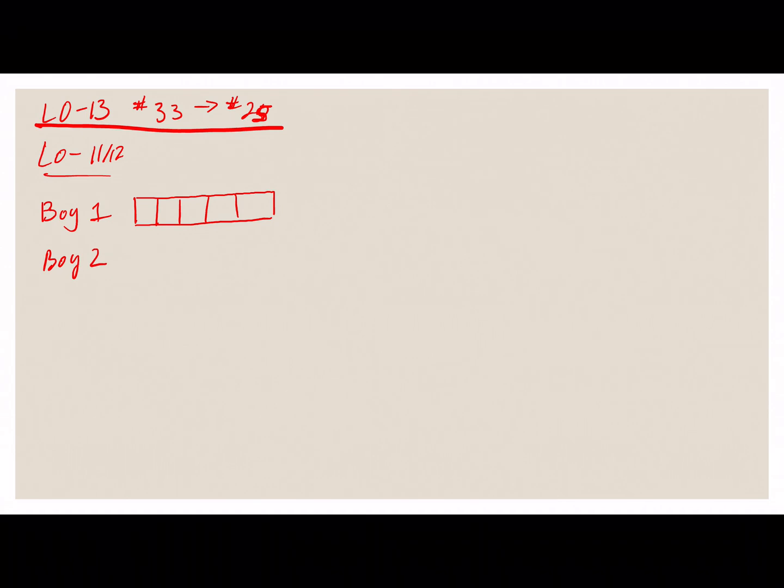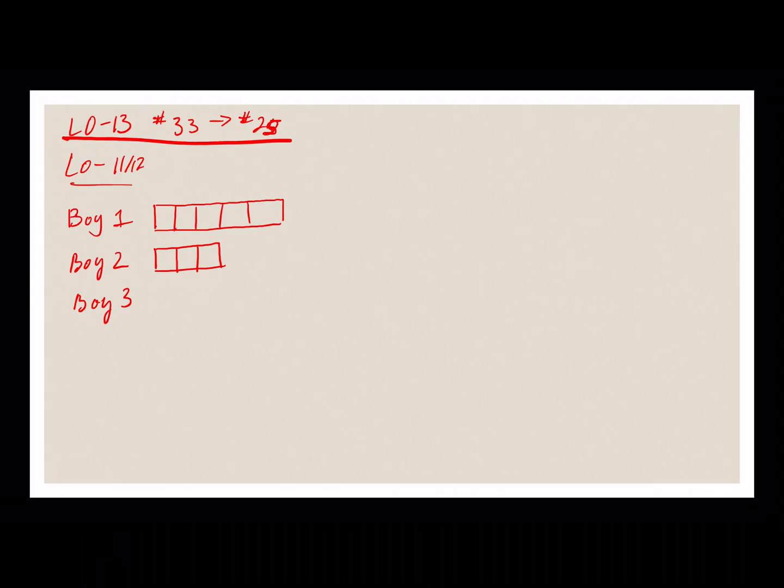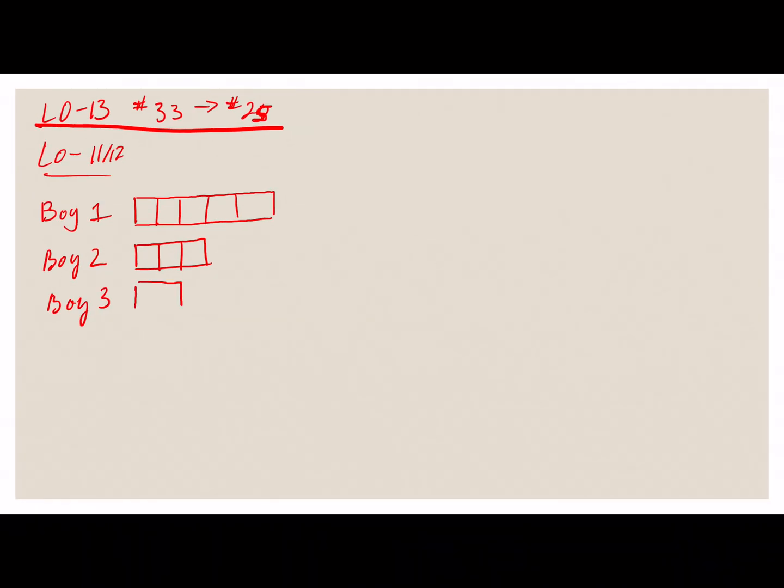Boy number 2 has a portion that's 3 units. And boy number 3 has a portion that's 2 units. Okay, so all 3 boys' portion is depicted in this bar model.